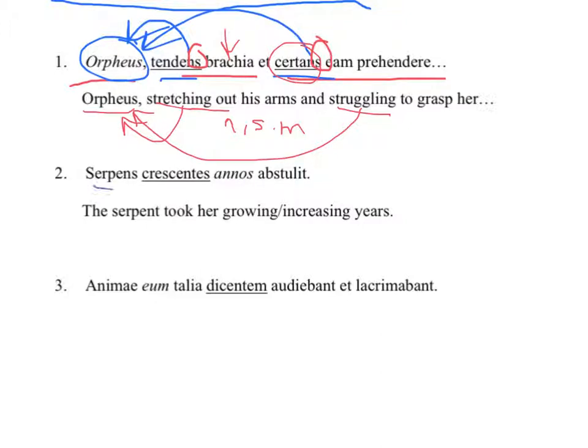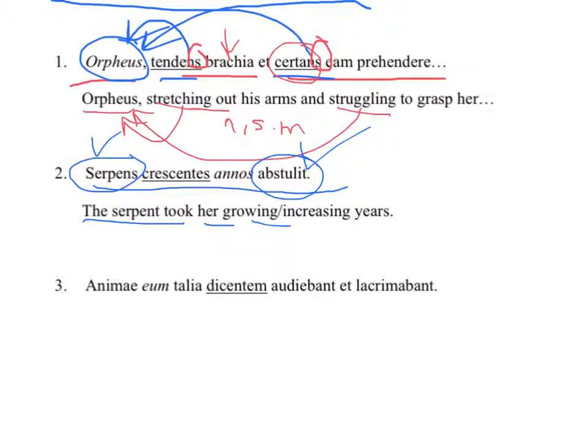Second example says, serpens crescentes annos obstulit. It says, the serpent took, serpens obstulit, the serpent took her growing, or increasing, whichever one you prefer, years. Crescentes is modifying the noun annos, the growing years, the years that she was still going to pass in her life, the years that were going to go on for decades.